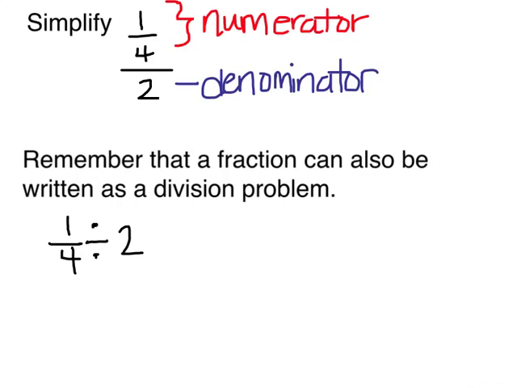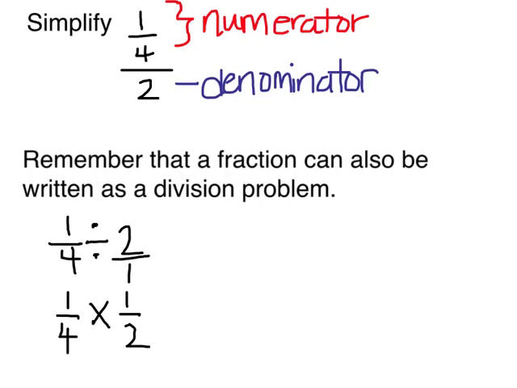Then we would follow our rules for division of fractions. So mixed numbers to improper fractions, whole numbers over 1. Then change it to multiplying by the reciprocal. So 1/4 multiplied by the reciprocal of 2 over 1, which is 1/2.